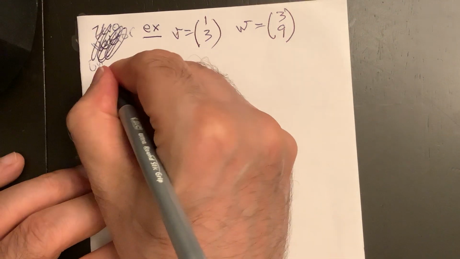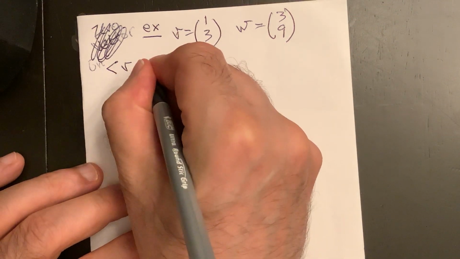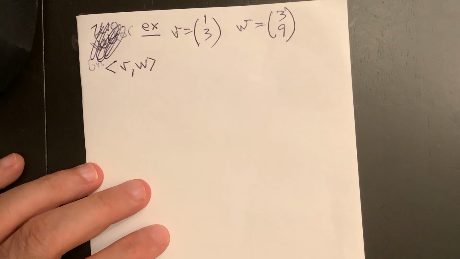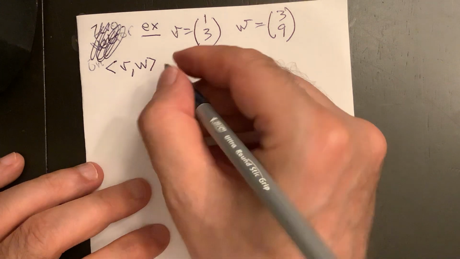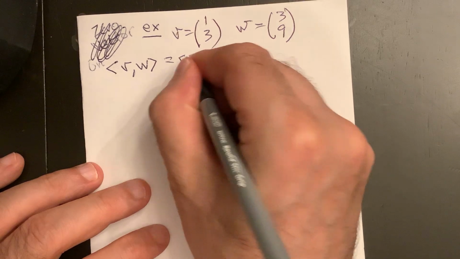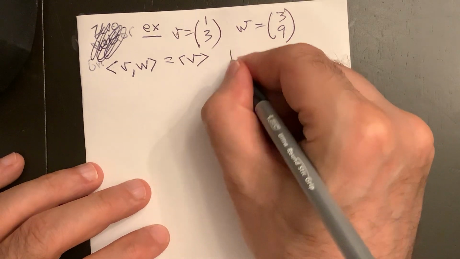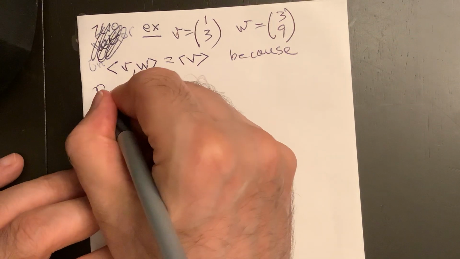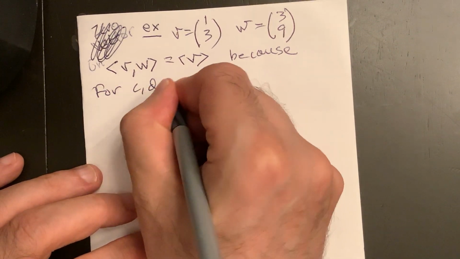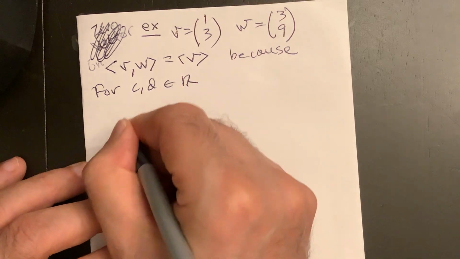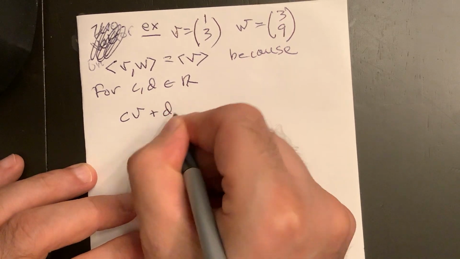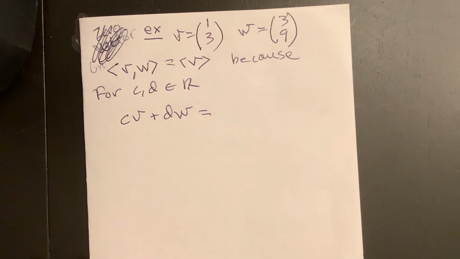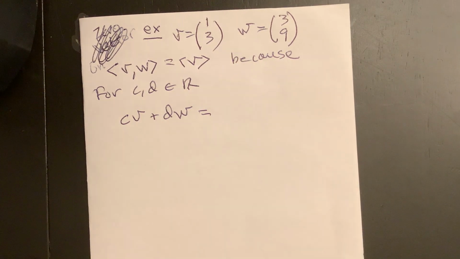Then the span of v and w is equal to the span of v, because if I have any two real numbers c and d in R, we have cv plus dw, which is just equal to, well, look, w is just 3v, right?